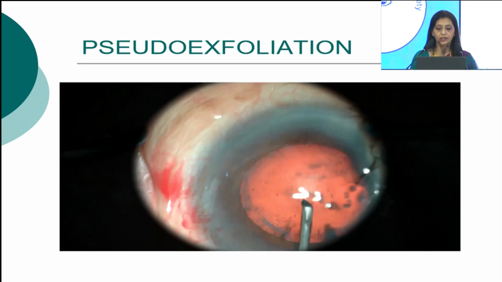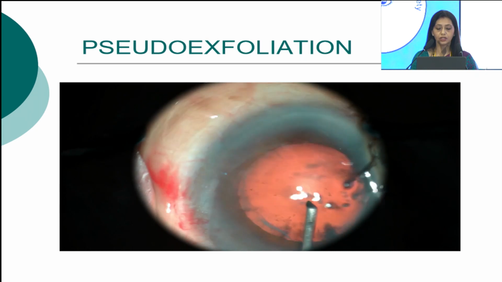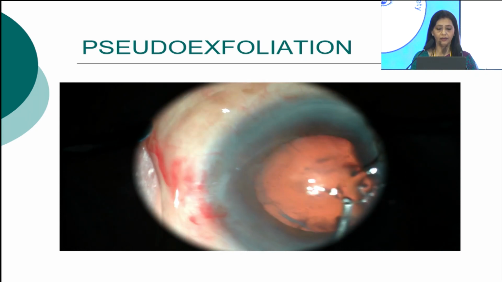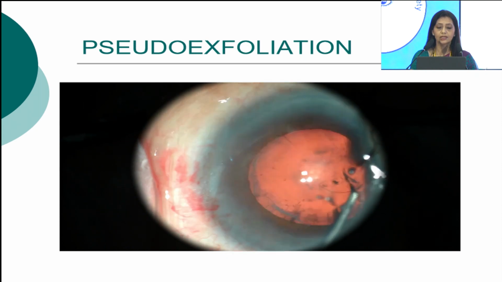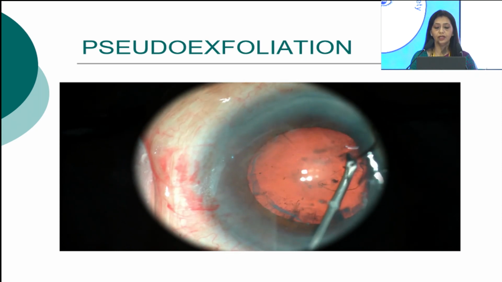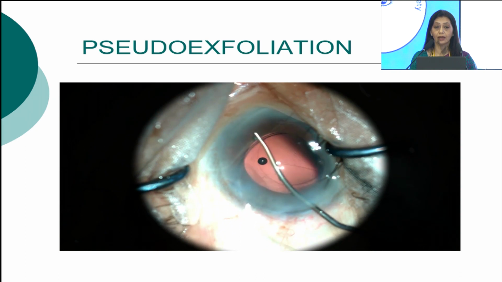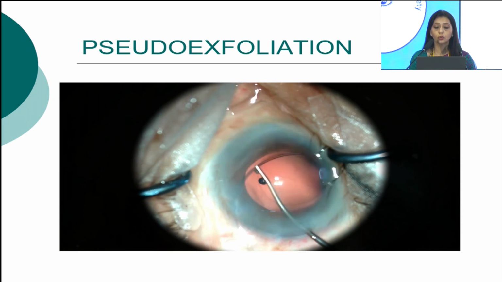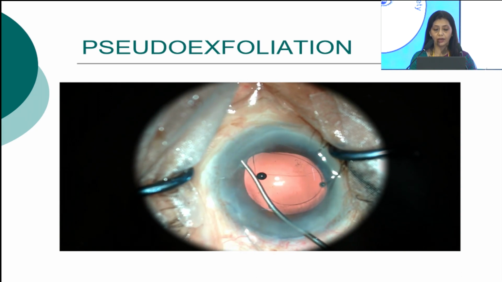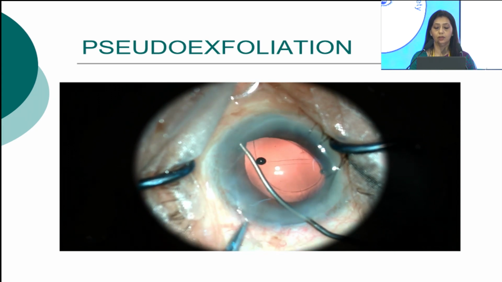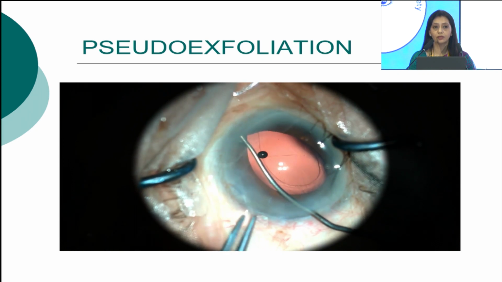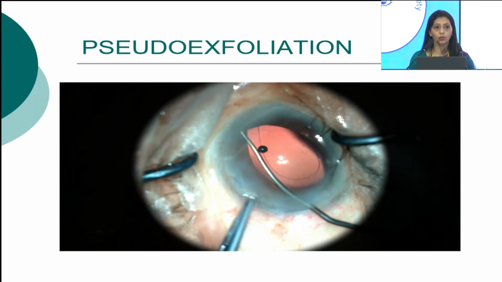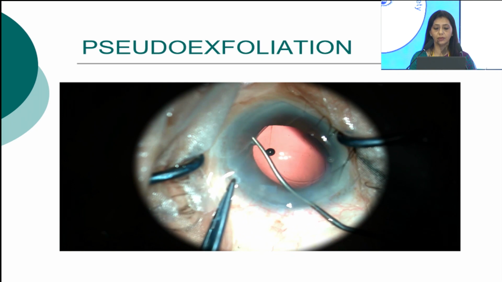In this pseudoexfoliation case only, after we have made the rhexis central, since we do expect a lot of bag dehiscence, before placing the IOL we have put a CTR ring beforehand, in anticipation that it might be an unstable bag, and we do not want an unstable bag with an unstable IOL.